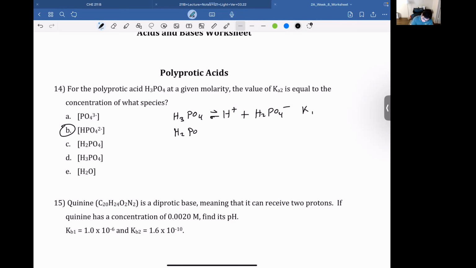The second hydrogen correlates to K2. Oops, that should be 2 minus. And then the third hydrogen correlates to K3.